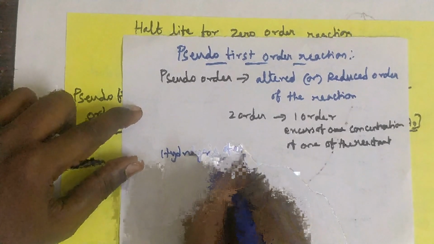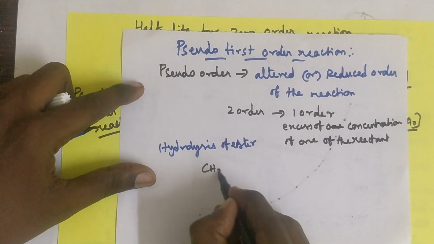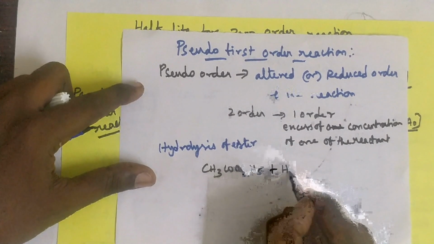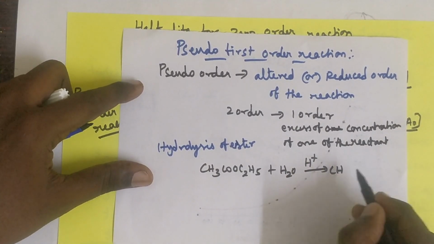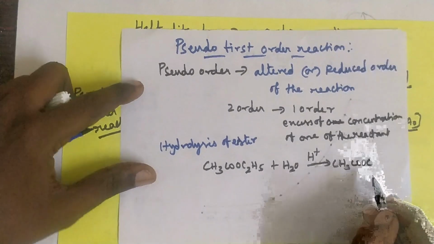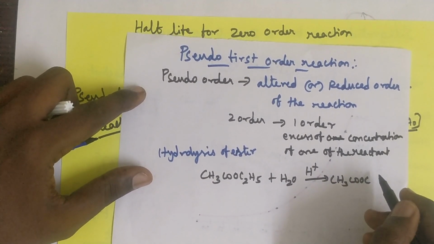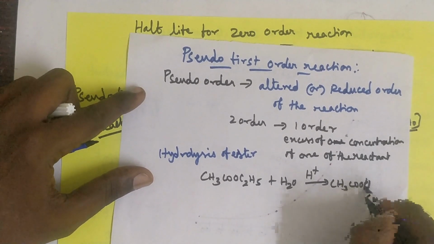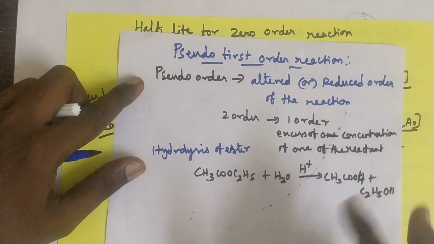Hydrolysis of ester, which we studied in 10th standard. So the ester, CH3COOC2H5, on hydrolysis in the presence of acid forms products; we consider only the reactant side, no need to consider the product side.